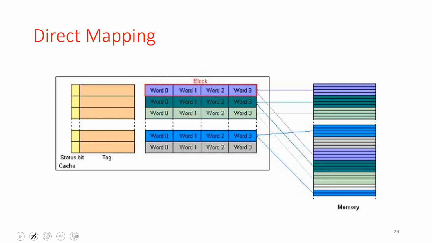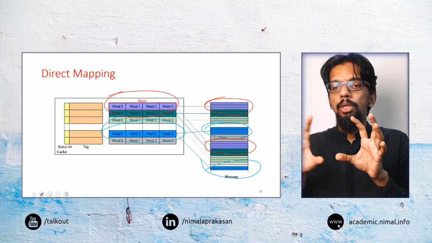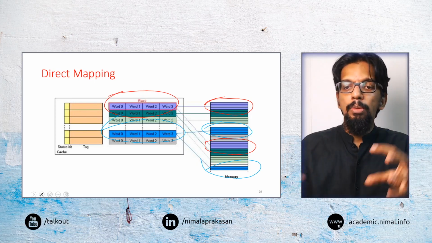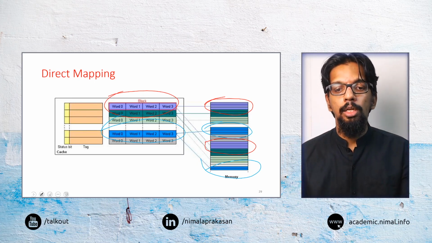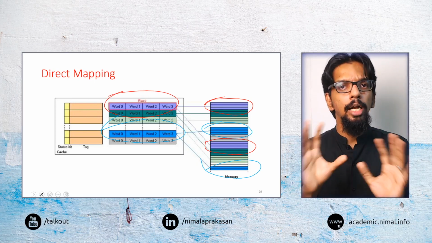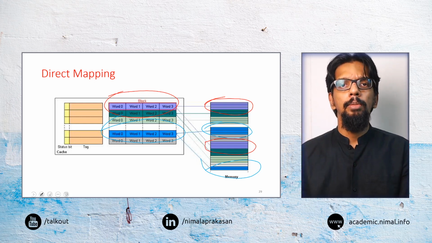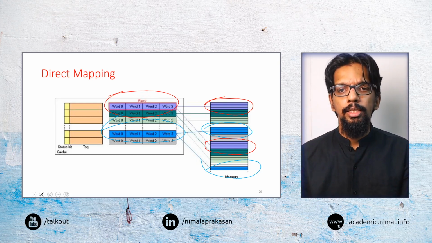This one and this one are going to go here, and this one and this one are going to go here, for example. That identifies how different blocks can be mapped into a particular block in a cache memory. This is just to give you a basic understanding of how cache memory can be organized. We will come back to this in much more detail at a later stage.